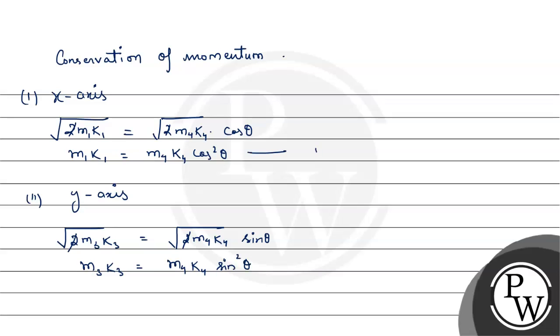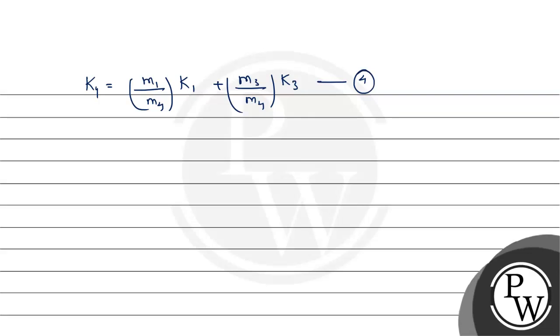Now let it be equation 2 and let it be equation 3. So adding 2 and 3 we get m1 k1 plus m3 k3 equal to m4 k4. From here we get the value of k4 is equal to m1 upon m4 times k1 plus m3 upon m4 times k3. Let it be equation 4.